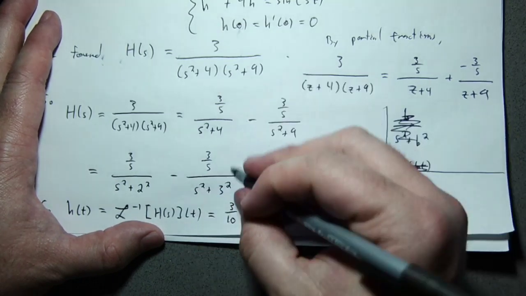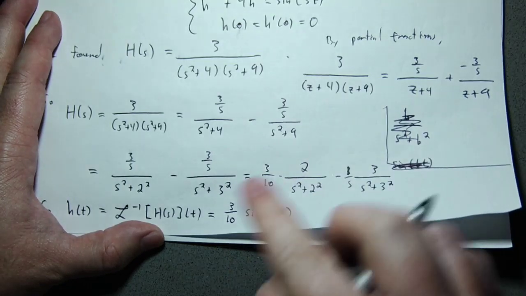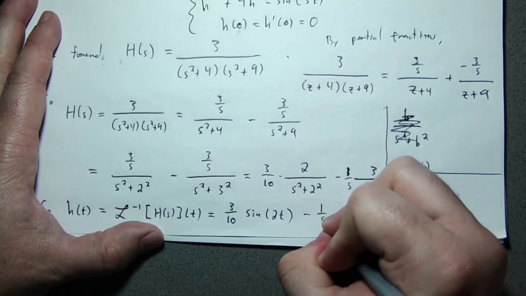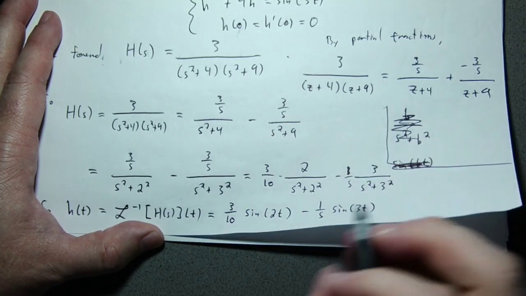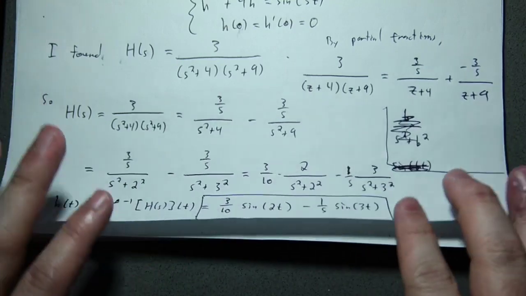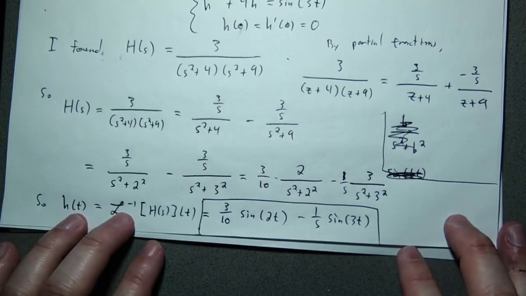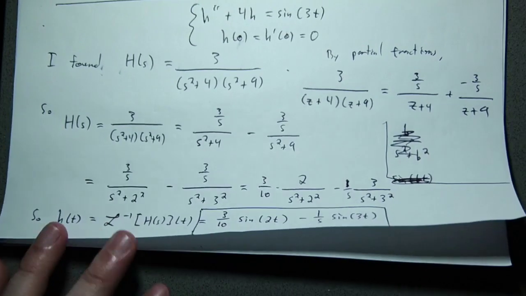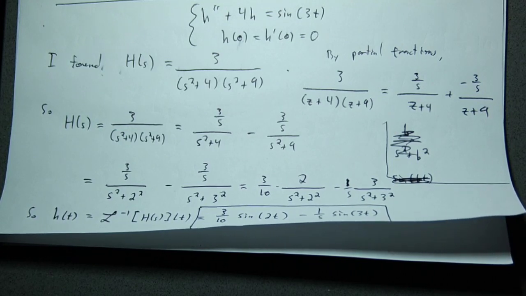So reading this off directly from the table, this is sine of 2t minus 1/5 sine of 3t. Again, set up so that we can read it directly from the table. Note, no further computation is needed. When you're done with this step, the arbitrary constants have been found and you're done with the problem. That's how it goes.